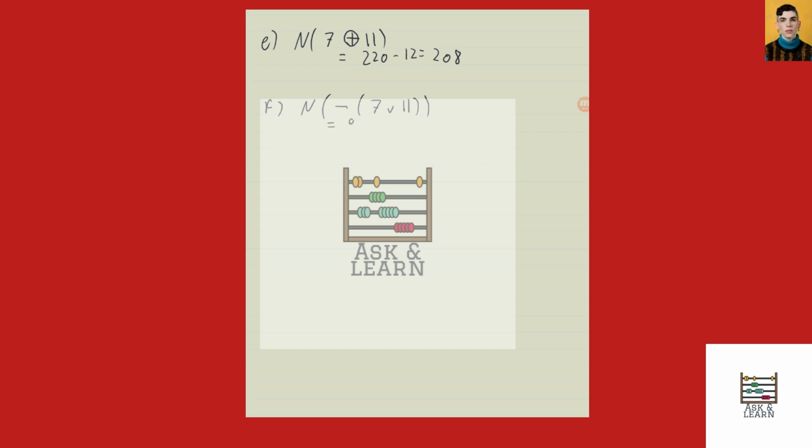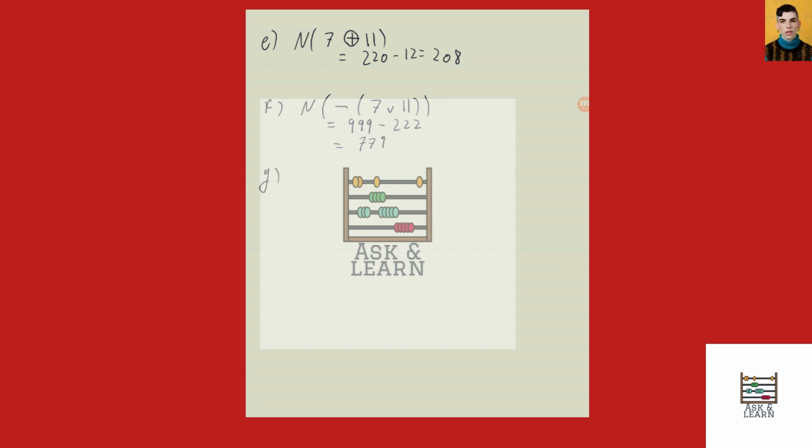Well, there are 999 positive integers less than 1,000. And we had that the number of integers that are divisible by 7 inclusive or 11 was 220, so we just need to do 999 minus 220, which equals 779.